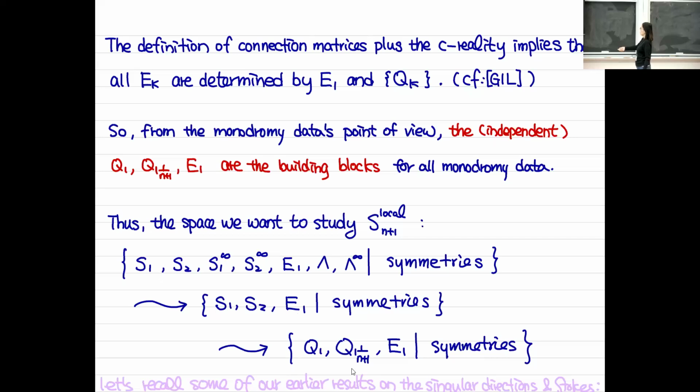And now it's Q1, Q1 plus 1 over n plus 1, E1 and symmetry. So now it's this set that we want to consider, and we will see how the symmetry acts on this space. But in order to know how this Q1 plus 1 over n plus 1 acts, we have to recall some of the results.